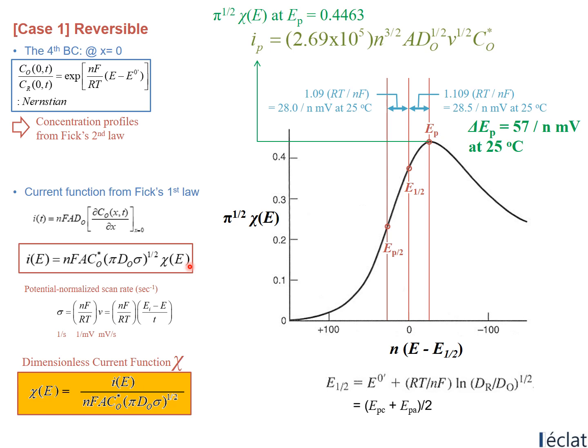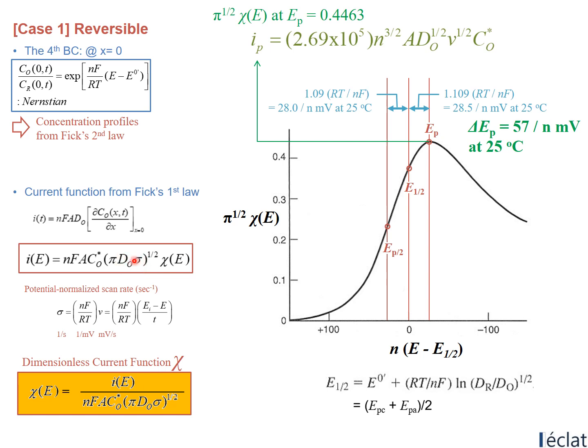Let me check the first term, which is the potential independent. This first term is the combination of several parameters: number of electrons transferred, Faraday constant, and electrode area, with bulk concentration of oxidized species, and something inside of the square root. What is that? Pi, just a constant, and the diffusivity of oxidized species.